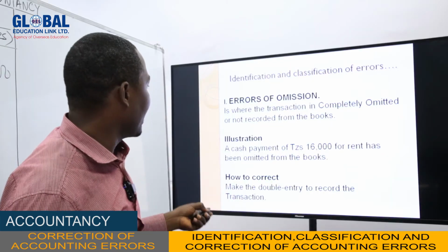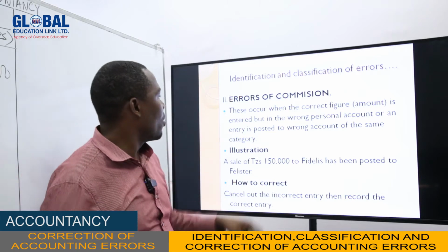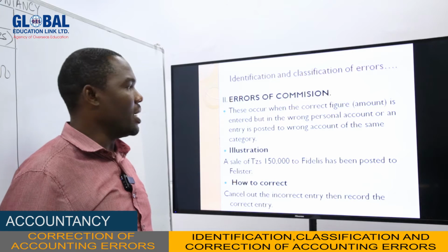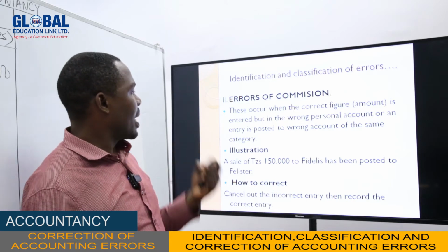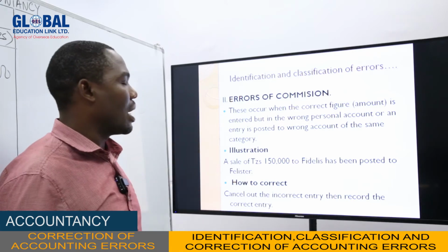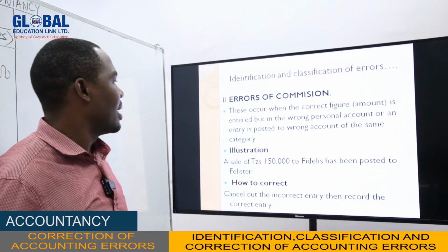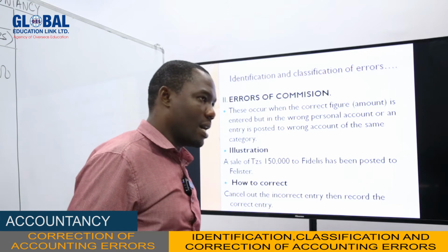Let's go to the second error, that is errors of commission. Errors of commission occur when the correct amount is entered, but in the wrong personal account.